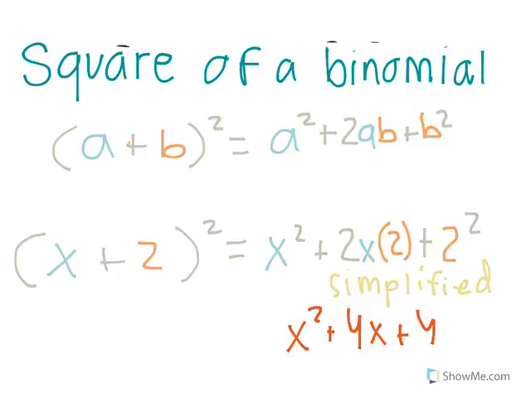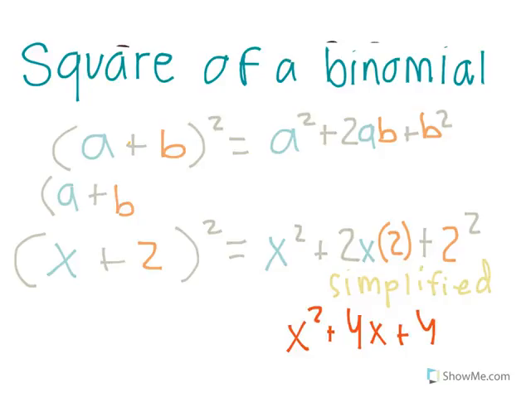Okay, here's one thing I also want to go over really quick. This is just a fancy way of simplifying two binomials, and it's called the square of a binomial. And this can be written as a binomial, a plus b, squared.